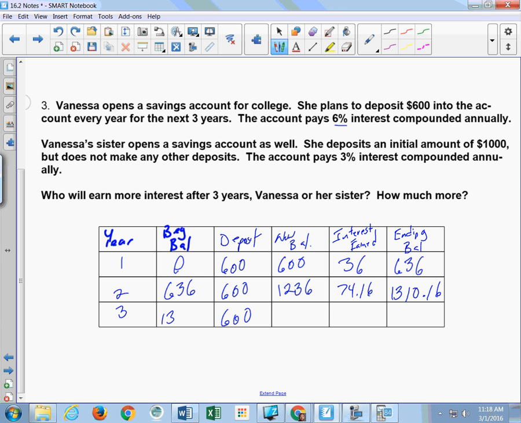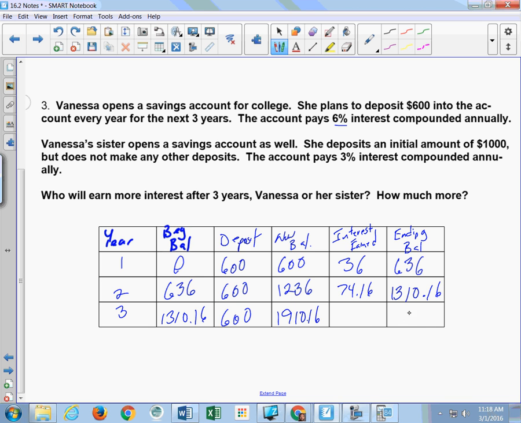Take our ending balance, move it to our beginning. That's 1310.16. Add our $600. That's 1910.16. Run it through the formula. 1910.16, open parenthesis, 1 plus 0.06, close parenthesis.